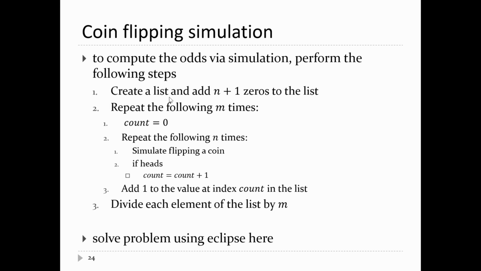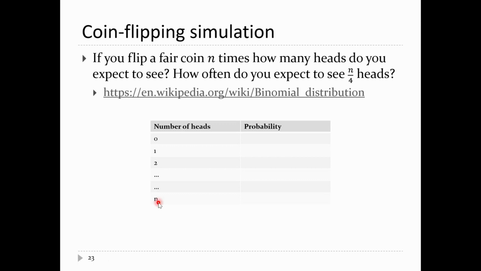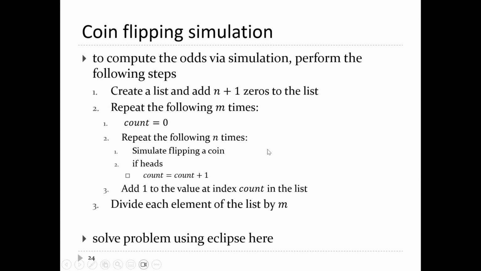So again, make a list, add n plus 1 zeros to the list. Why n plus 1? I'm going to flip the coin n times, but I might see 0 heads. So in total, there's going to be n plus 1 rows in the table. I want to do this experiment many times, so I'm going to repeat this m times.